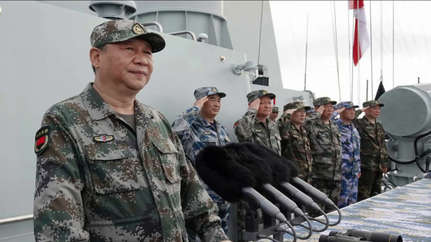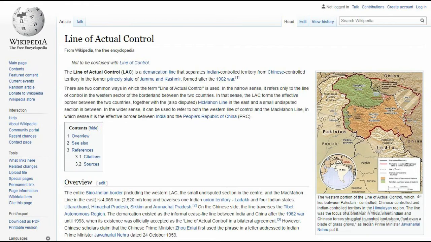But in recent years, the stance of China regarding the line of actual control has also become quite aggressive. The line of actual control, or the LAC, is not a properly demarcated boundary line. That means it is not separated by a border. It does not have any distinct geographical features as well.